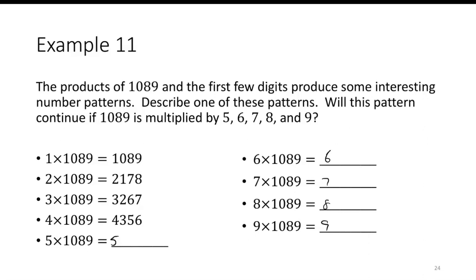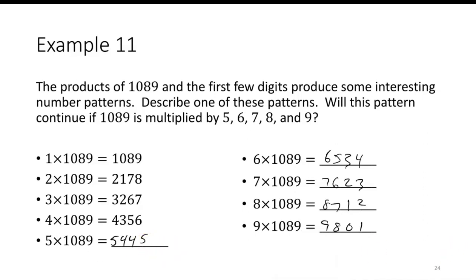And then the hundreds place 0, 1, 2, 3. So the pattern 4, 5, 6, 7, 8. And then 8, 7, 6, 5. Then 4, 3, 2, 1, 0. And then 9, 8, 7, 6. 5, 4, 3, 2, 1.